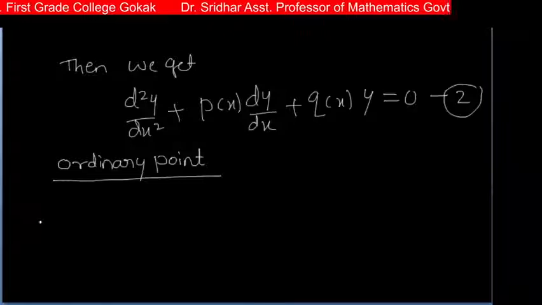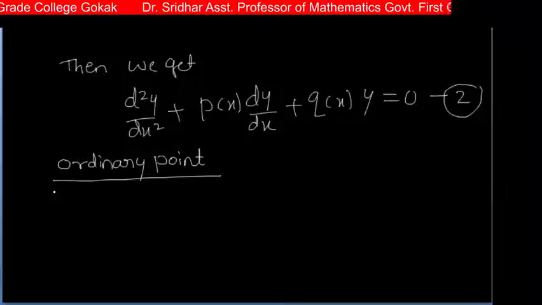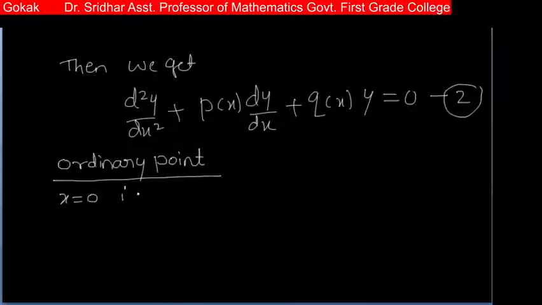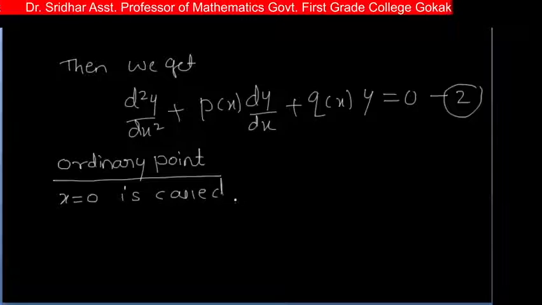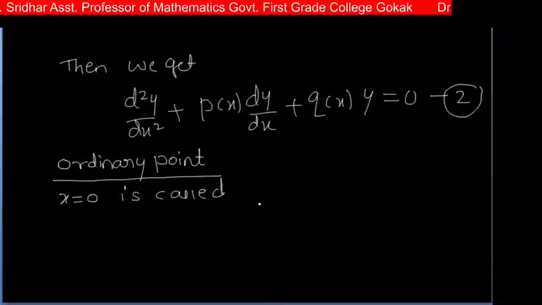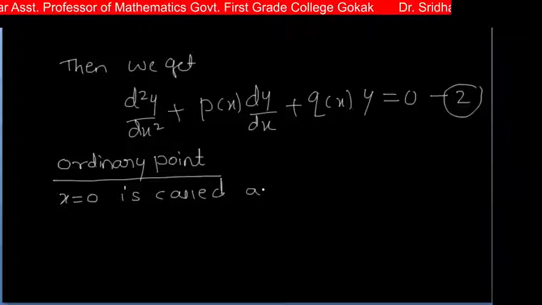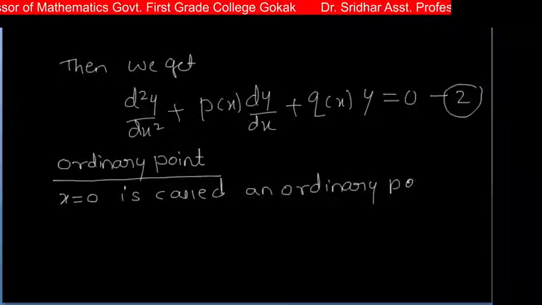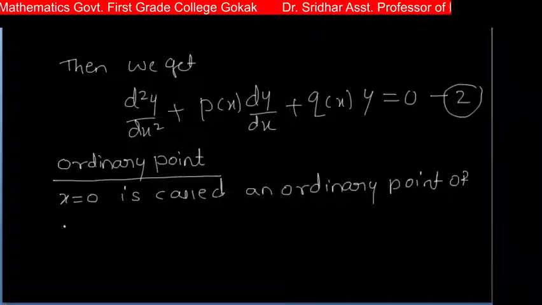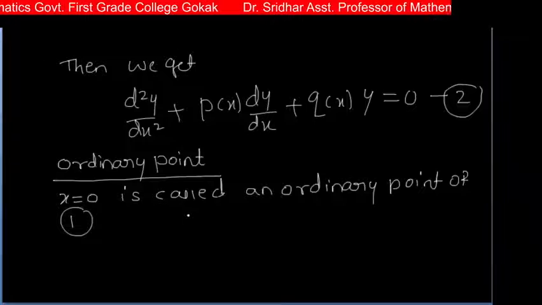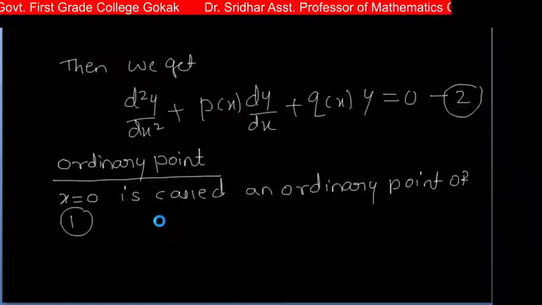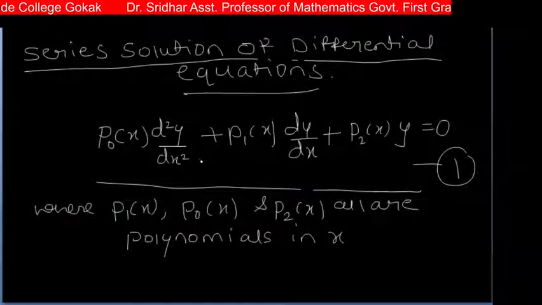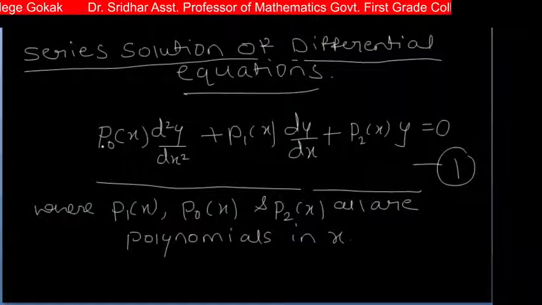Okay, so now here we define x equal to 0 is called an ordinary point of 1. Ordinary point of 1. 1 means what? Equation 1. So this is equation 1. Okay, x equal to 0 is called ordinary point of this equation.